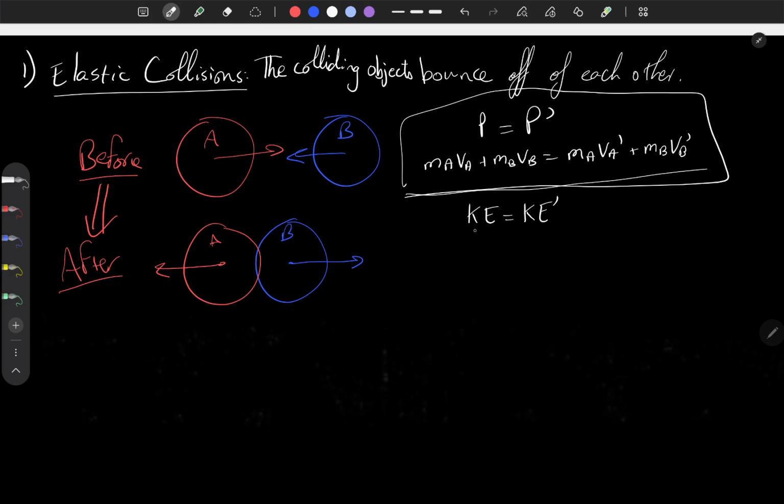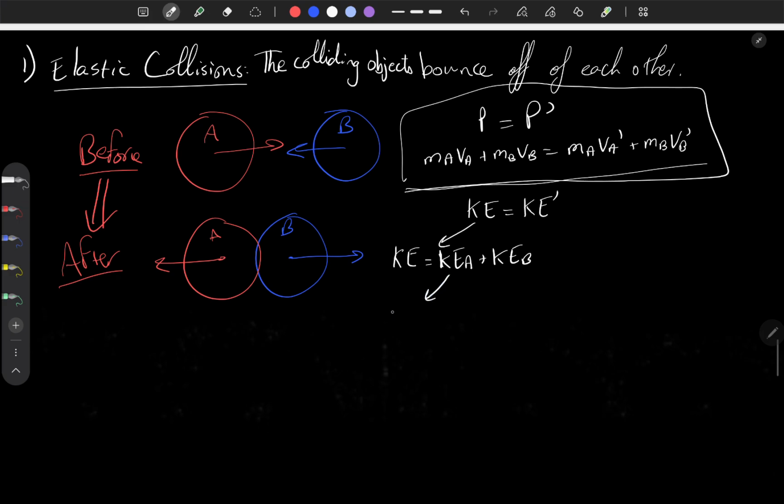So let's look at the kinetic energy before the collision. What is it equal to? It is equal to the kinetic energy of ball A plus the kinetic energy of ball B. And we can expand this even more. The kinetic energy of A is equal to half M_A V_A squared.